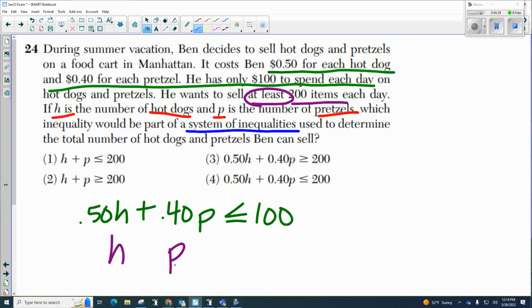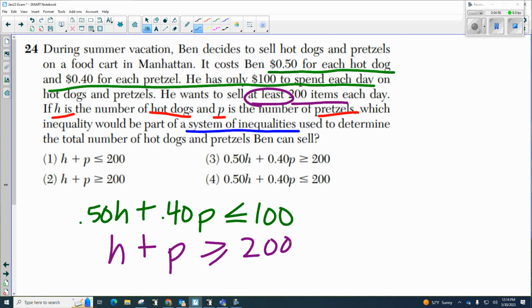If I want to know how many items altogether I sold, all you have to do is add H plus P. And the key with this inequality is that it's at least 200 items. So he wants to sell 200 at the lowest, but he could sell more than 200, which would translate to greater than or equal to 200.